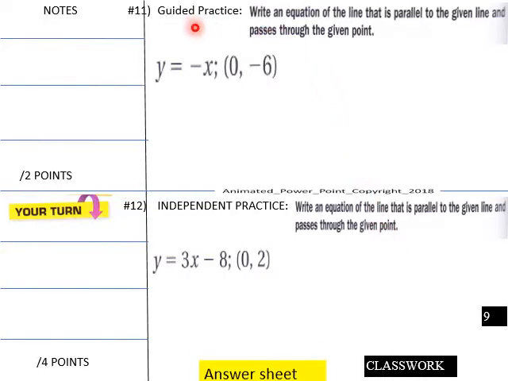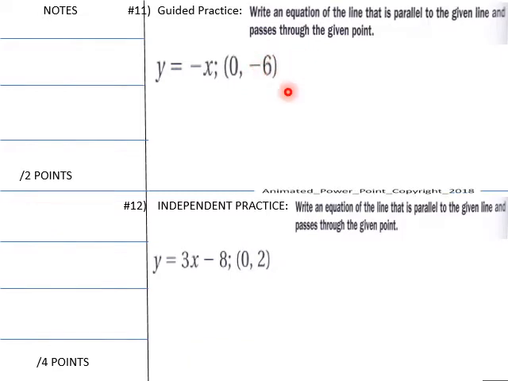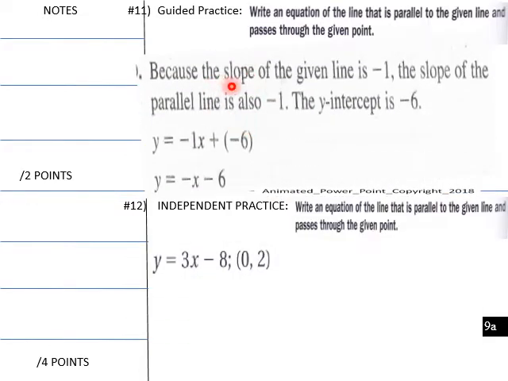Let's do our guided practice up here. Write an equation of the line that is parallel to the given line. Here's our line, negative x, and passes through the given point, 0, negative 6. So how do we write an equation of that? Because the slope of the given line is negative 1, the slope of the parallel line is also negative 1.